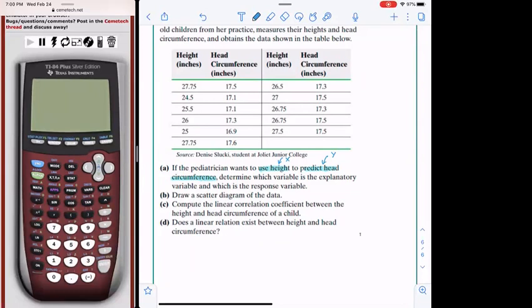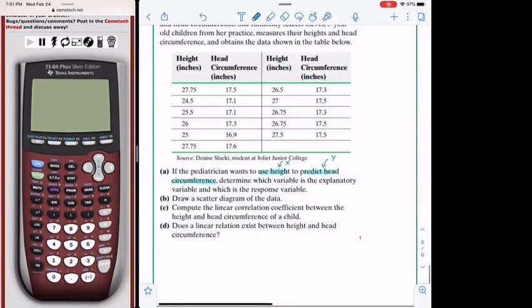Well, the latter sounds more reasonable to me. So you can identify X and Y just by understanding the problem, or you can read the question and pick it out directly, like I did. So in this case, head circumference would be the Y values.